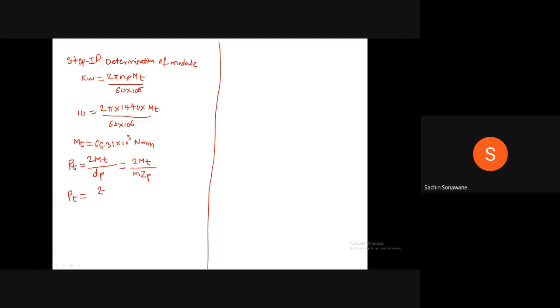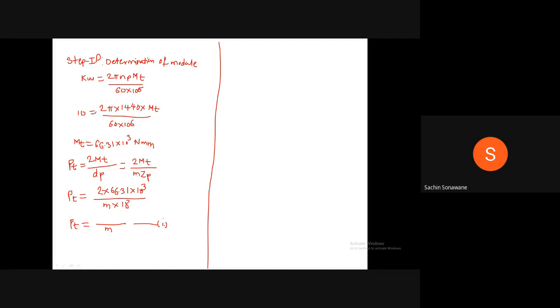PT is equal to 2 into 66.31 into 10 raised to 3 divided by M into 18. Therefore, you will get PT in terms of M. Here M will be in the denominator. We will give this as equation 1.